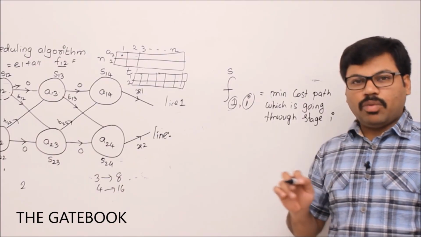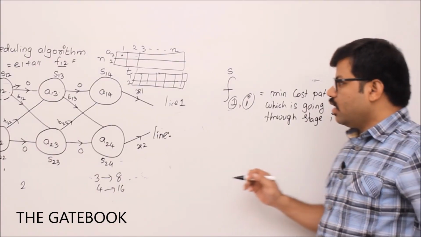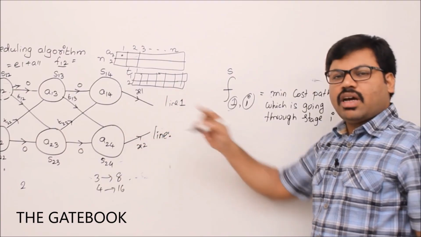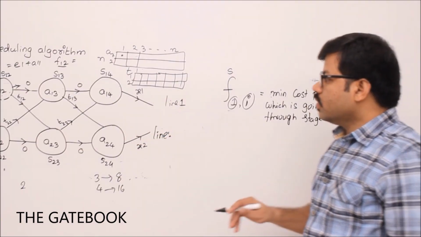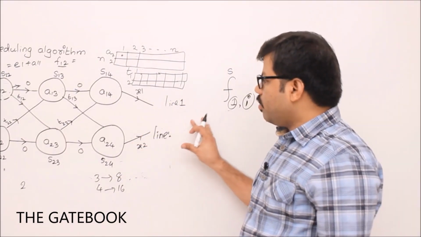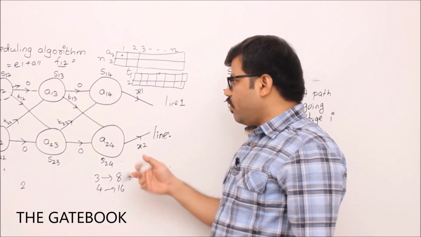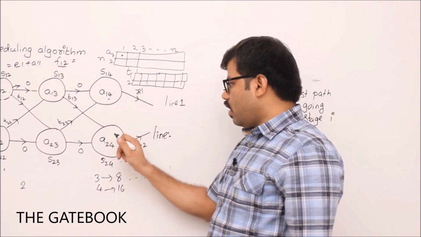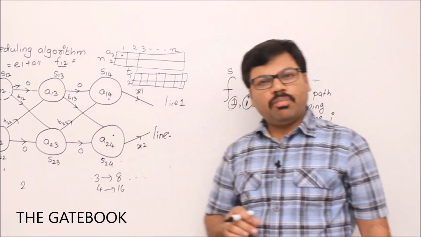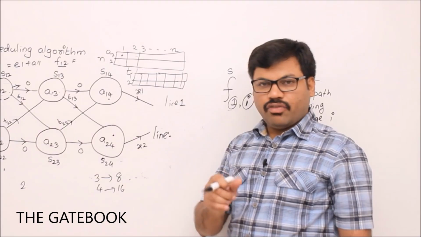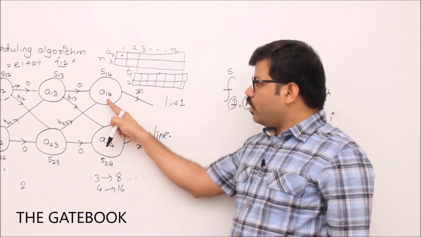So what is our problem? I will tell you. Before that there is an optimal substructure. What is optimal substructure? What is our problem here? Finding the minimum cost path which is going through where? Anywhere. Either it can go through here or it can go through here. You tell me one possibility. Is there any path which is your answer which is not going through this stage?